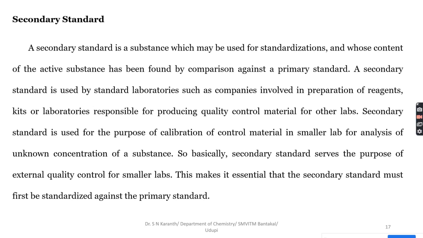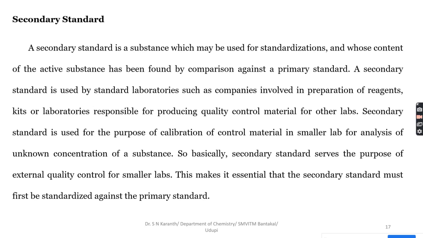A secondary standard is a substance which may be used for standardization whose content of active substance has been found by comparison against a primary standard. A secondary standard is used by standard laboratories such as companies involved in preparation of reagents, kits, laboratories responsible for producing quality control material for other labs.